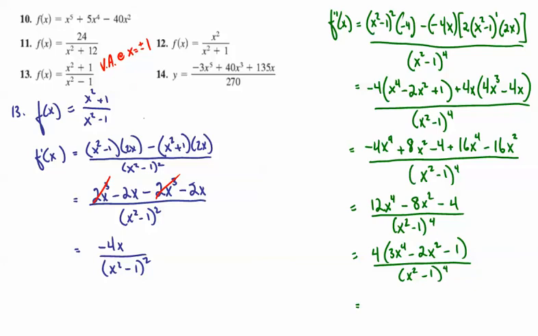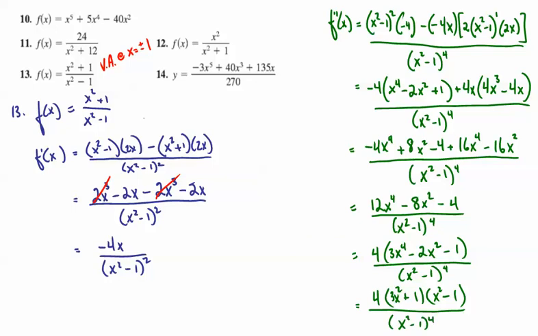Now, fortunately, this is not too difficult to factor, since 3 is a prime number, and the last number is a 1, so it has to be set up this way, and we need a negative 2x squared in the middle, so we'll have minus 3x squared plus 1x squared, and that is going to do it.